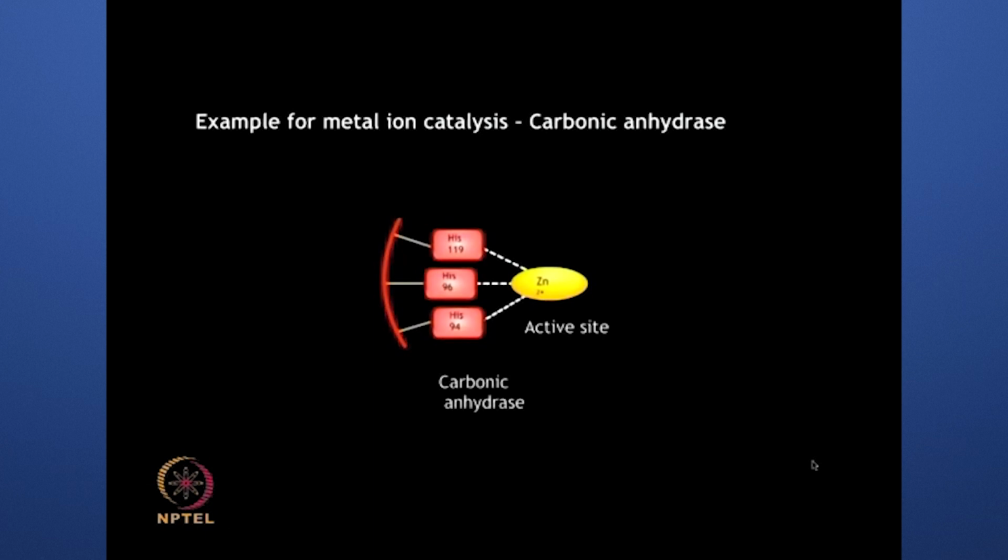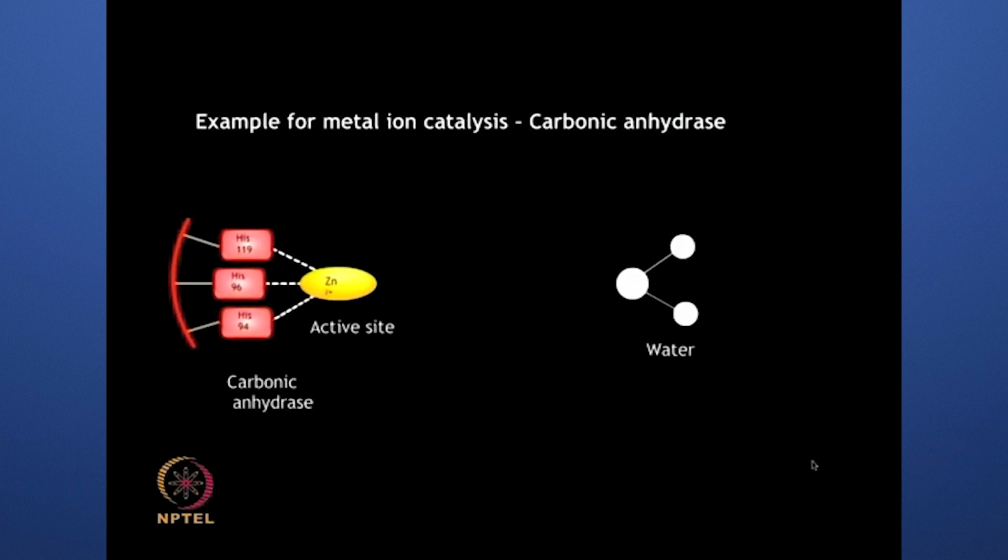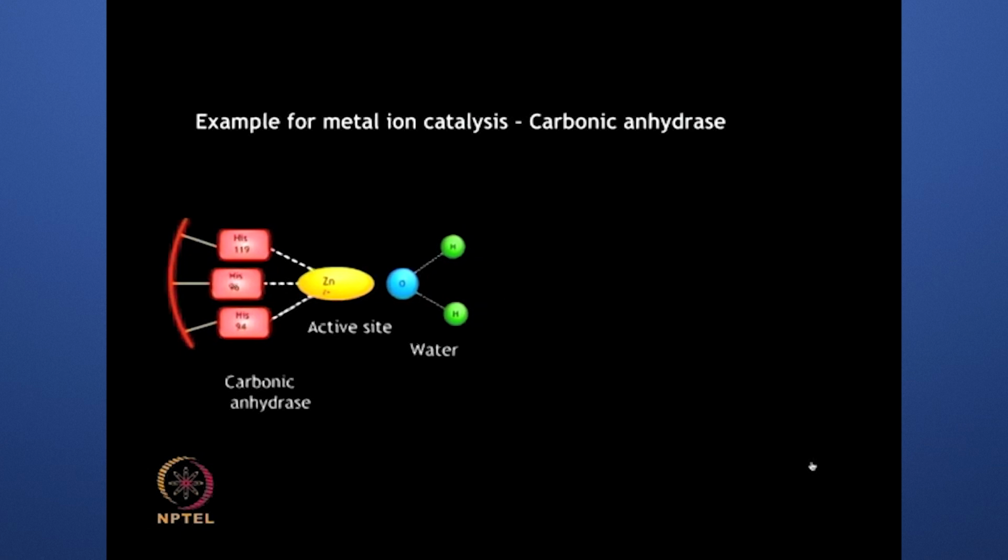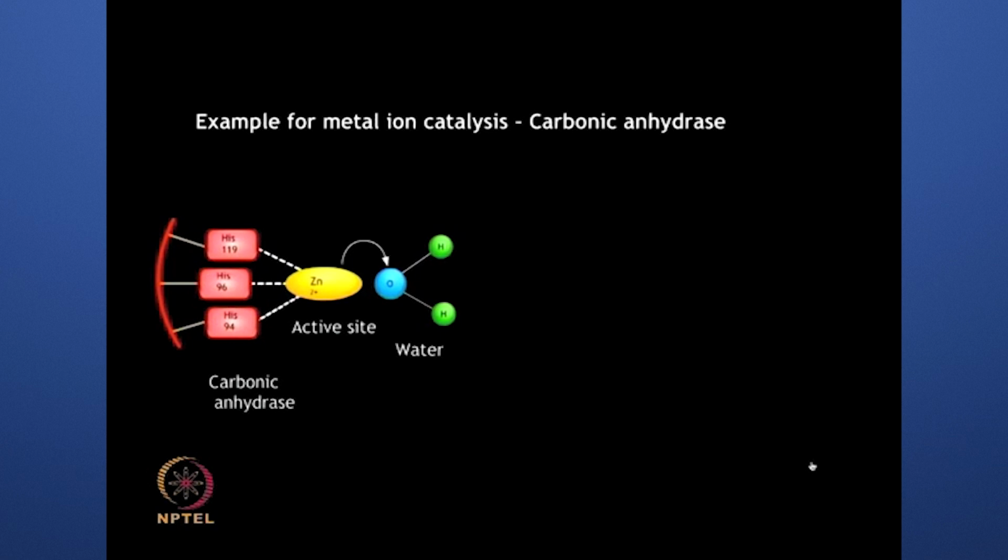Carbonic anhydrase is an enzyme responsible for hydration and dehydration reactions of carbon dioxide and bicarbonate respectively, and has been found to have a divalent zinc ion associated with its activity.